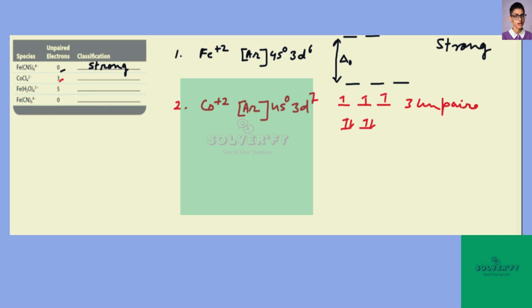Now, when 3 unpaired electrons are present, this is only possible when the splitting is less, and this is again possible when the ligands are weak field ligand. So here it should be weak field.